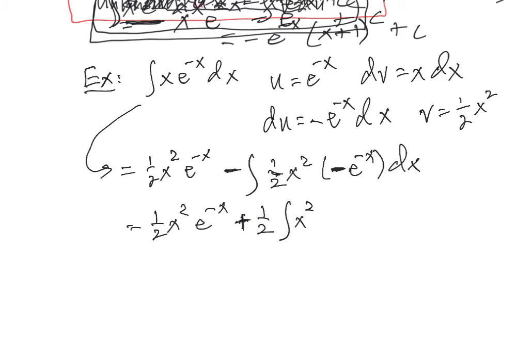And this 1/2 comes out here. And then what's left over is x squared e to the minus x. And notice that's more complicated than the one we started with, which says probably made a mistake.